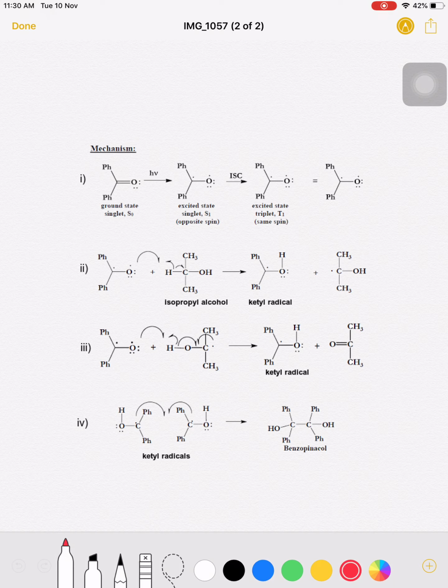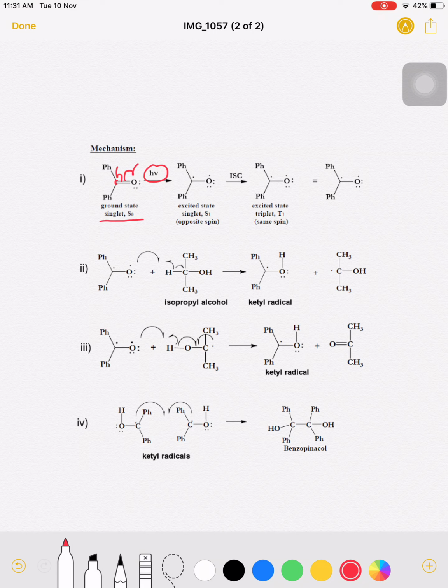Now see this reaction. In the first step, what happened? This is benzophenone in the ground state. When it is exposed to light, the double bond between this carbon and this oxygen is split. So homolytic fission takes place.